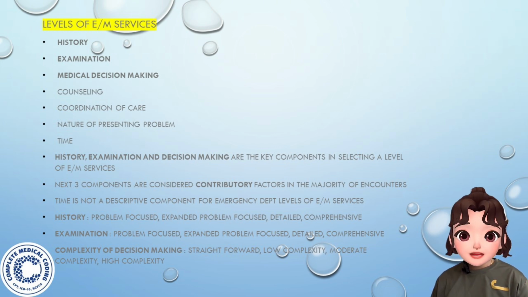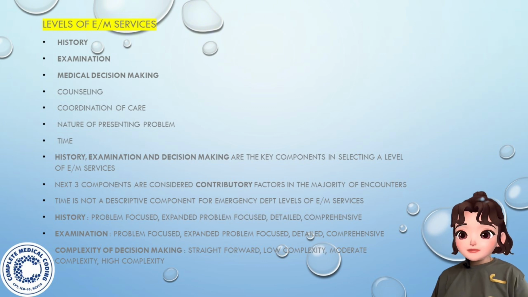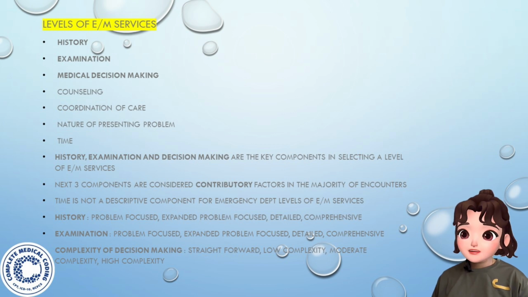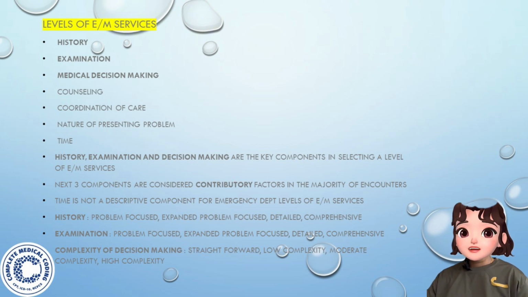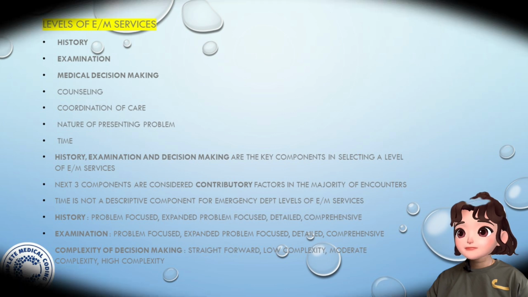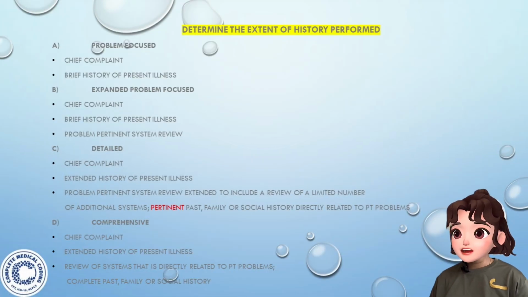Decision making complexity can be straightforward, low complexity, moderate complexity, or high complexity. So these are the 3 key components that we need to check while coding for the E&M codes. Let's look into them one by one in detail.